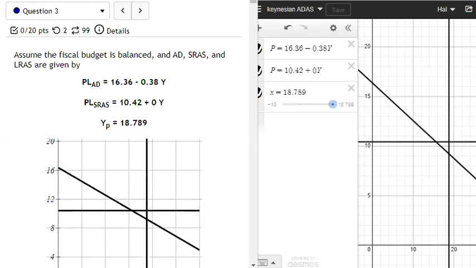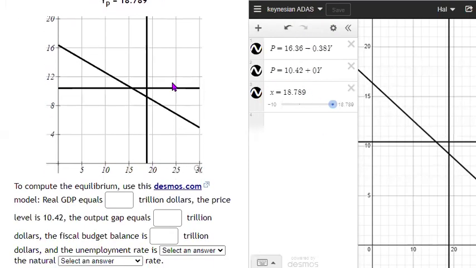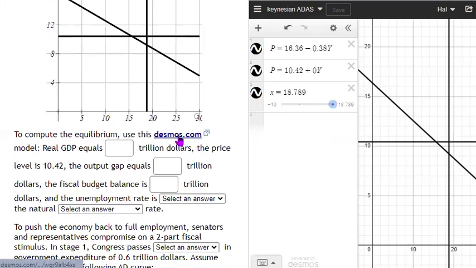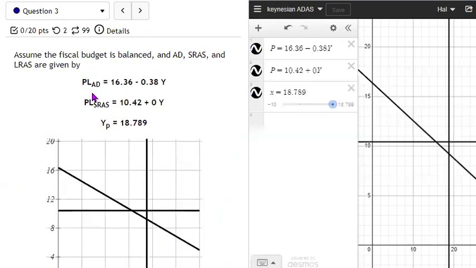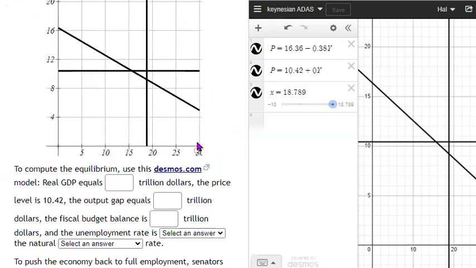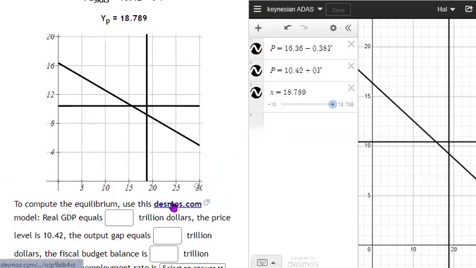Now, I've transferred that information to this Desmos model here. You can access the Desmos model by clicking here, but you'll need to modify it so that your numbers match up over here, okay? So using Desmos, I can get the real GDP level, I can get the price level, and I can get what's called the output gap.